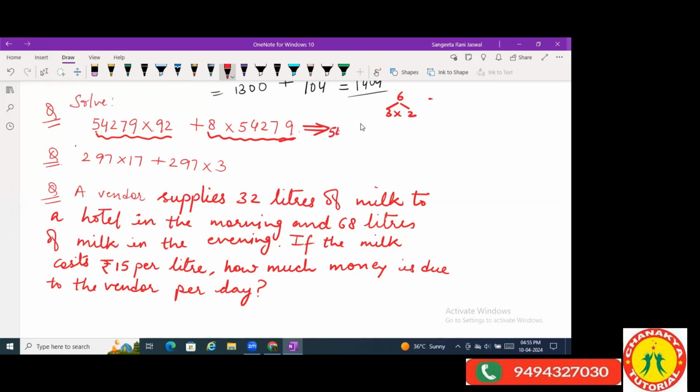I will take this number out, and what is left inside is 92 plus 8. So 92 plus 8 is 100, and 100 gets multiplied with this 54279. When you have such numbers to multiply, you just put that many zeros at the end.